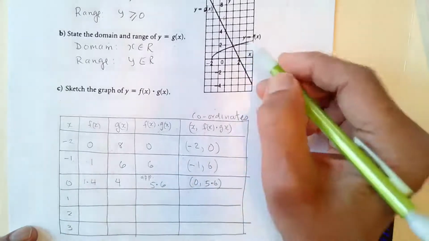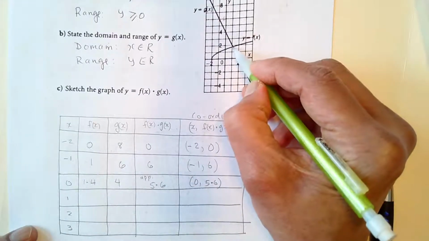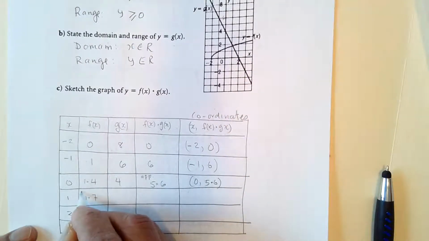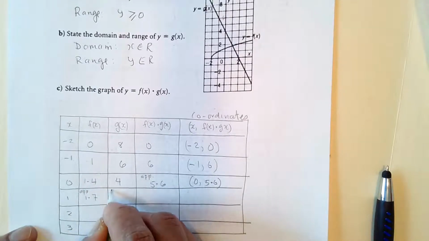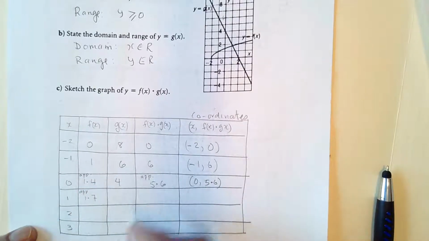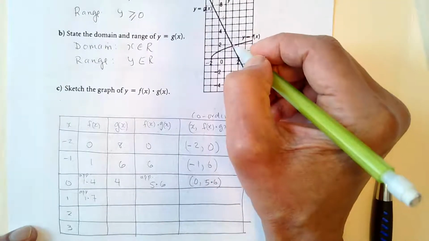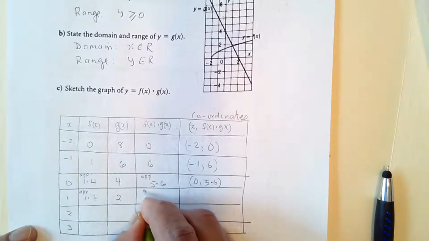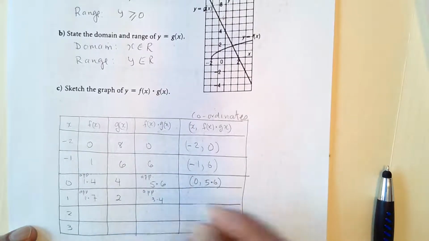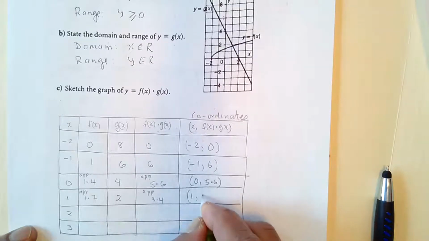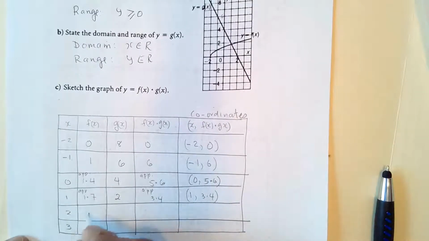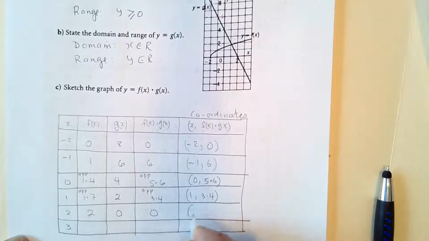Next, we have x is 1. So f of x is close to 2, but I would say 1.7 approximately. And 2 is g of x. So 2 times 1.7 gives me approximately 3.4. So 1, 3.4 is my coordinate point. And the next one is 2, 0.